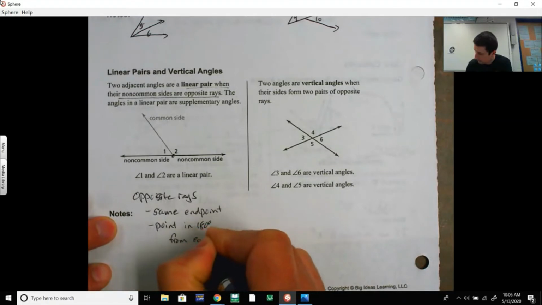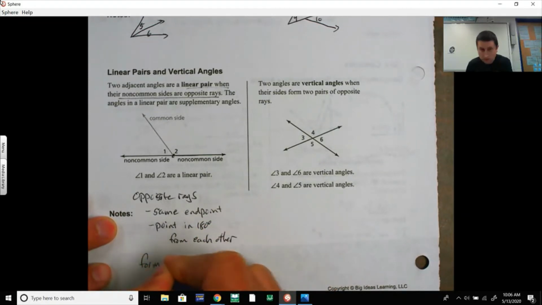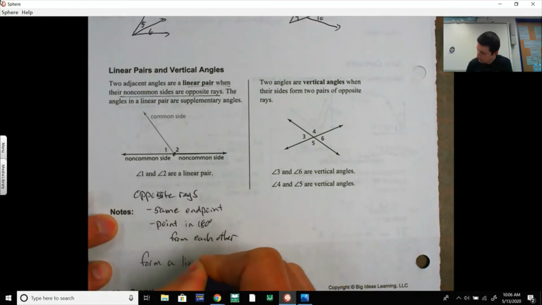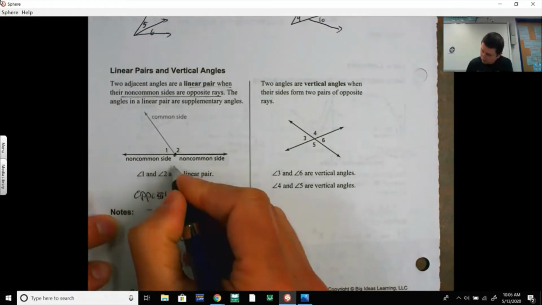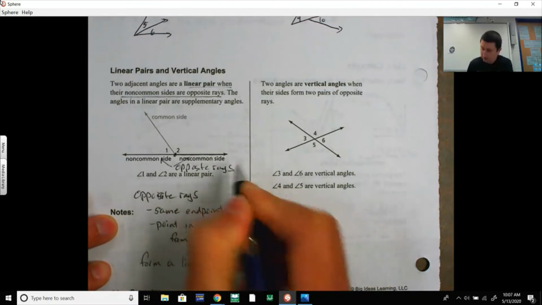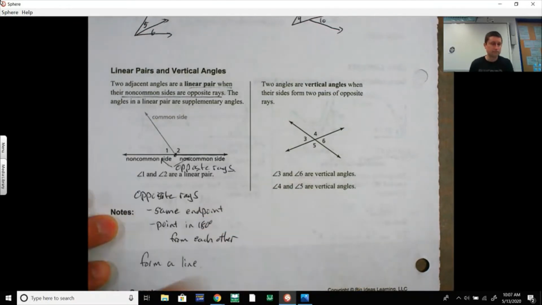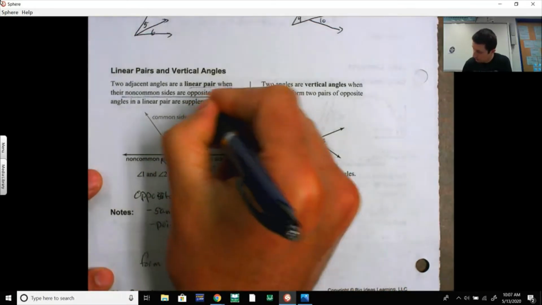So they'll point in a straight line, so they would form a line. This right here is an opposite ray. So that one and that one, that's what they refer to as opposite rays. I like to just think of it as a line with a ray coming off of it. Okay? You get linear pairs, and these are also supplementary angles.